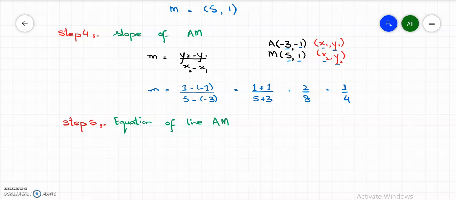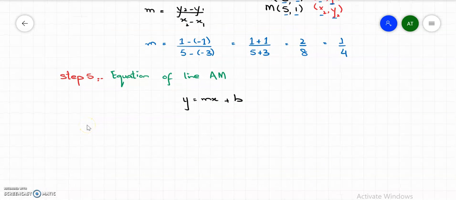Okay, so we know that to find the equation of a line, the slope intercept form of a line is y equals mx plus b. That is the equation of a line, or the slope intercept form of a linear equation, right? Now just substitute the m value that we have got from step 4. So y would be equal to m is 1 by 4 times x plus b.